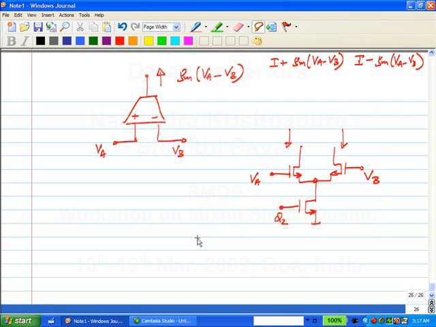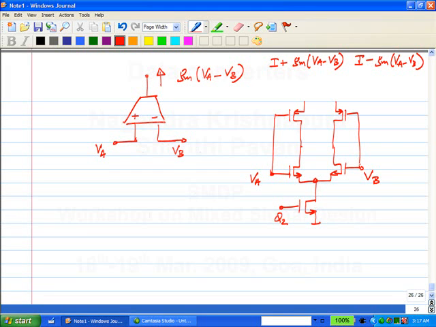You understand? Another thing is that there is nothing holy with an NMOS differential pair. This is all an NMOS differential pair, isn't it? I can do the same thing with a PMOS. For example, what should the top switch be connected to?